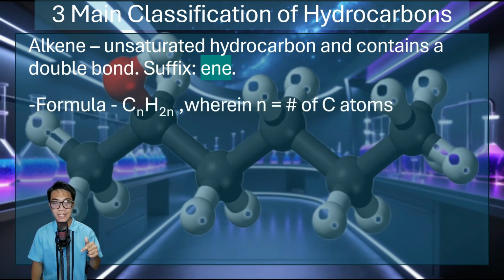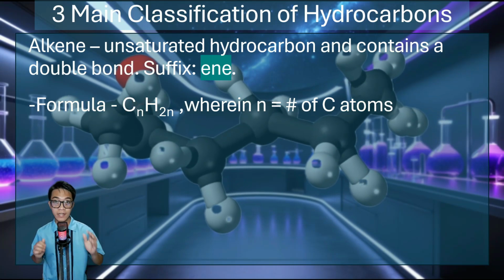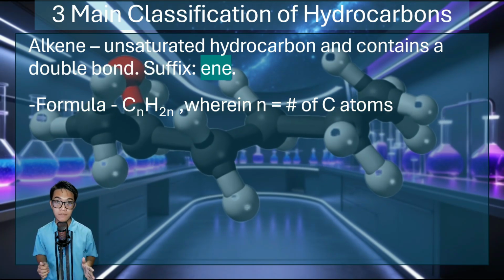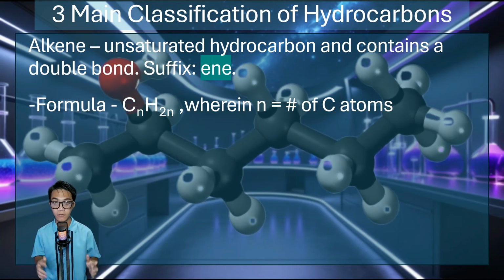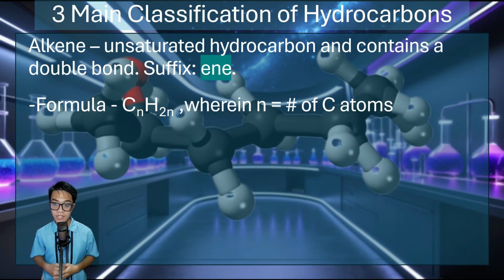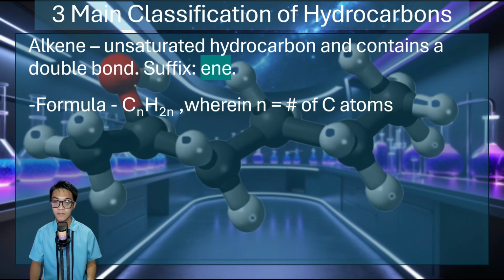Now, our alkene has the specific formula of CnH2n, wherein n represents the number of carbon atoms, and in order to identify if that specific chemical formula of a molecule is an alkene, we just have to substitute the letter n with the number of carbon atoms.